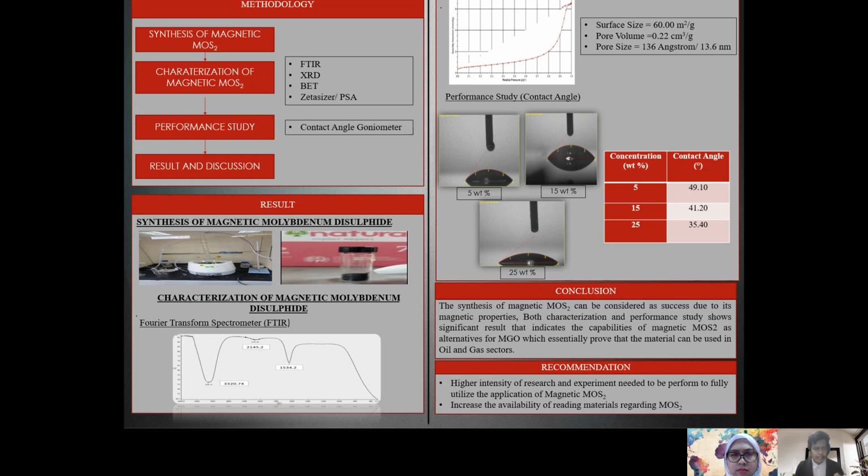As you can see, the first one will be the Fourier transform infrared spectrometer (FTIR). The FTIR is made to show or define the structural changes in the magnetic MoS2. So the first structural change will be at 3220.74.